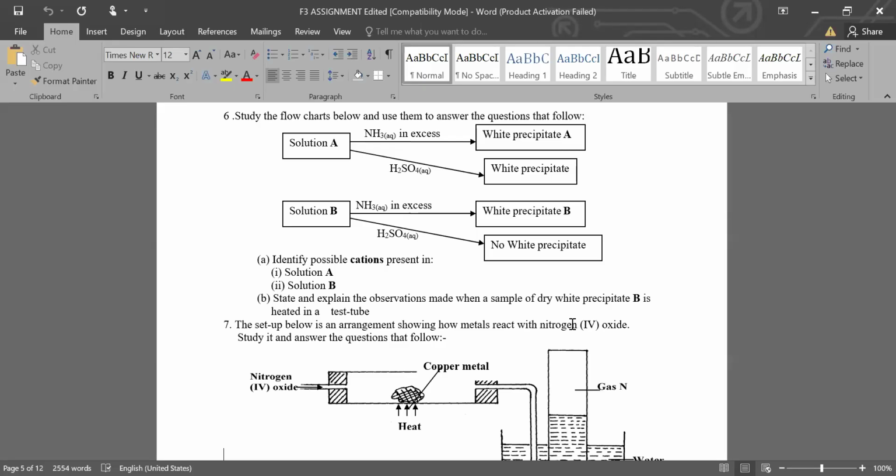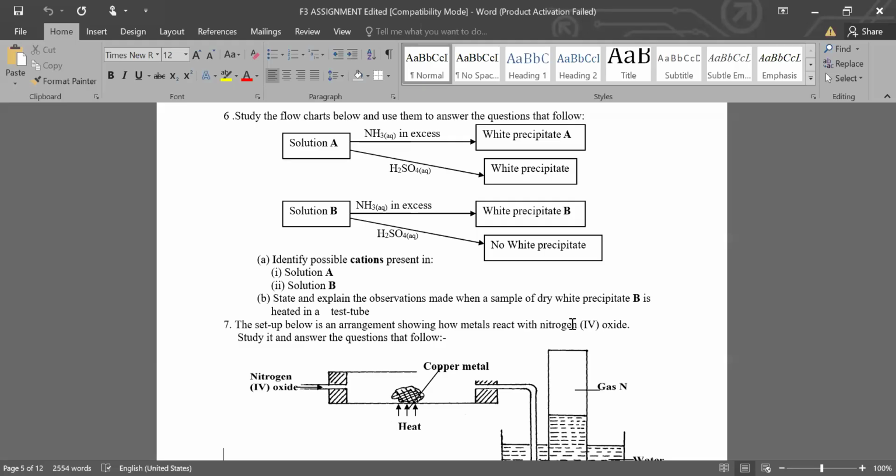Aluminium, calcium, and magnesium will form a white precipitate in excess ammonia because they do not dissolve. Then we also have lead ions.